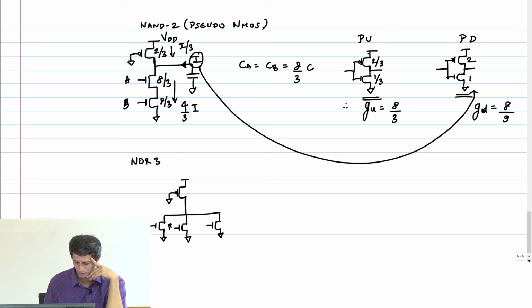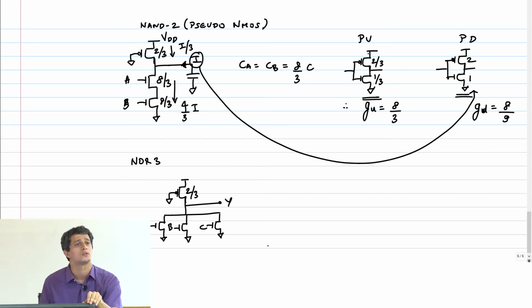A, B, C, output Y. What should the PMOS size be? 2 by 3. NMOS? 4 by 3. This also will be 4 by 3.